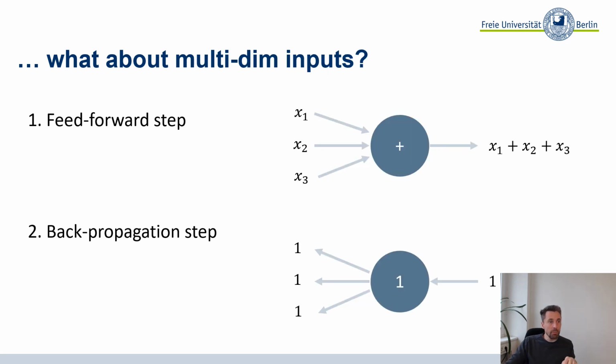So what about multidimensional inputs? We often use this scheme here. So an array of input variables, x1 through x3, for example, and they all get summed up in this summation node, and the result is x1 plus x2 plus x3. Now, what is the gradient, so the partial derivative of this expression with respect to the inputs?